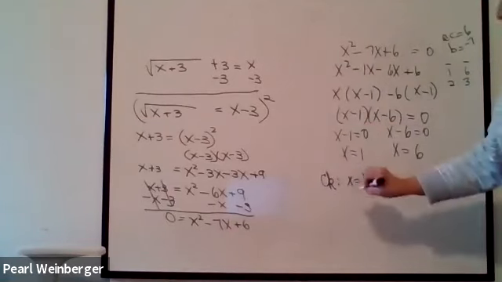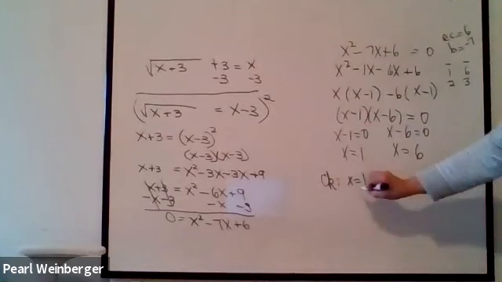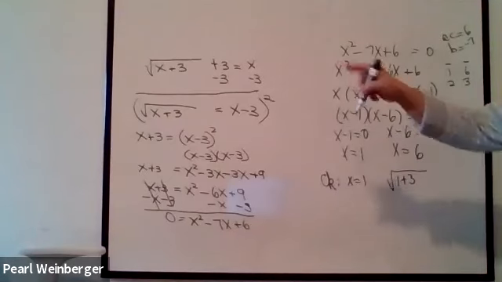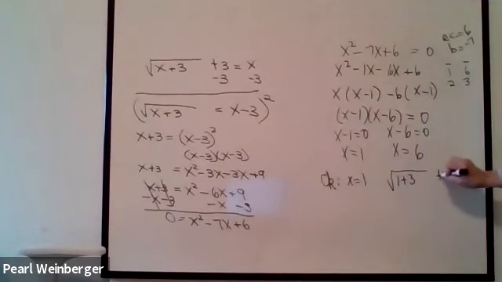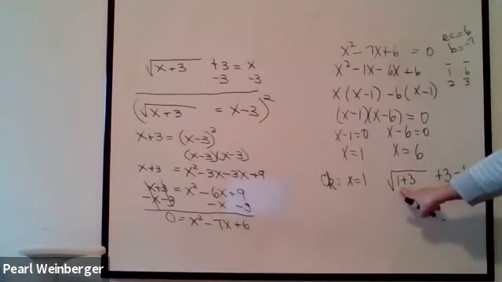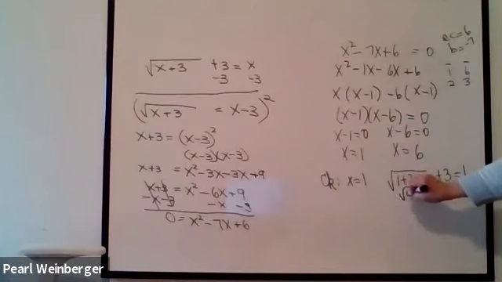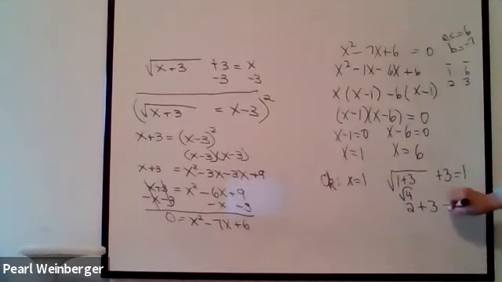I go back to my original equation, and I get the square root of 1 plus 3, I'm replacing the x with 1, plus 3 equaling 1. Now, 1 plus 3 is 4, so this becomes the square root of 4, which is 2. So I get 2 plus 3 equals 1. And this is obviously wrong because on this side I'm getting 5 and on this side I'm getting 1.